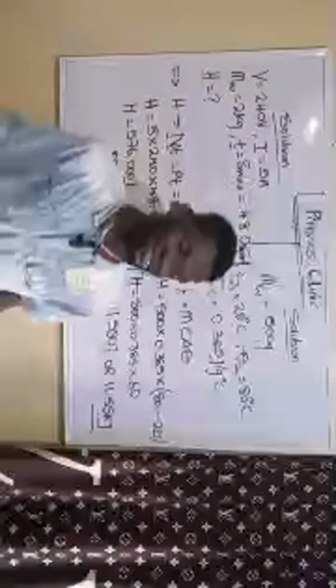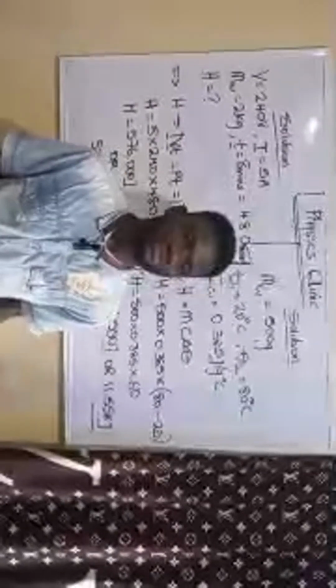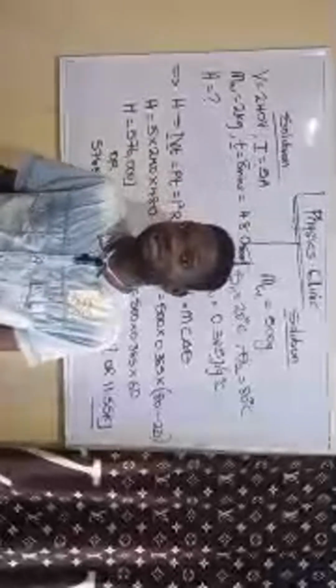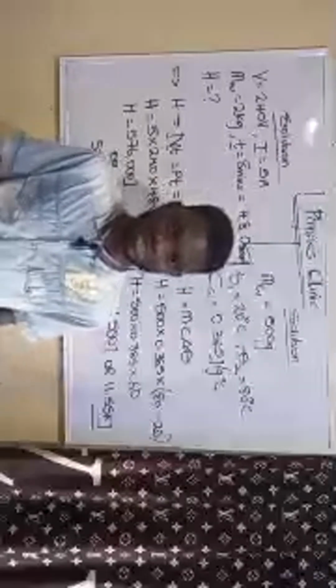Then when a substance transits from its liquid state to vapor or steam, its gaseous state, the heat that is required for such a transition is called the latent heat of vaporization.